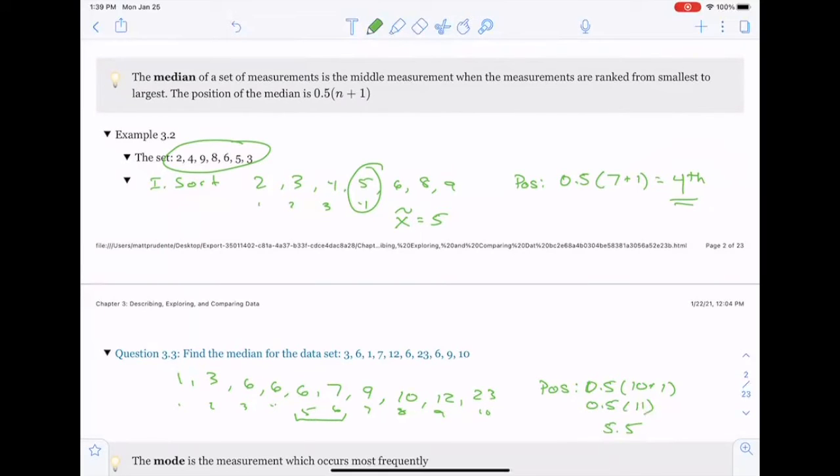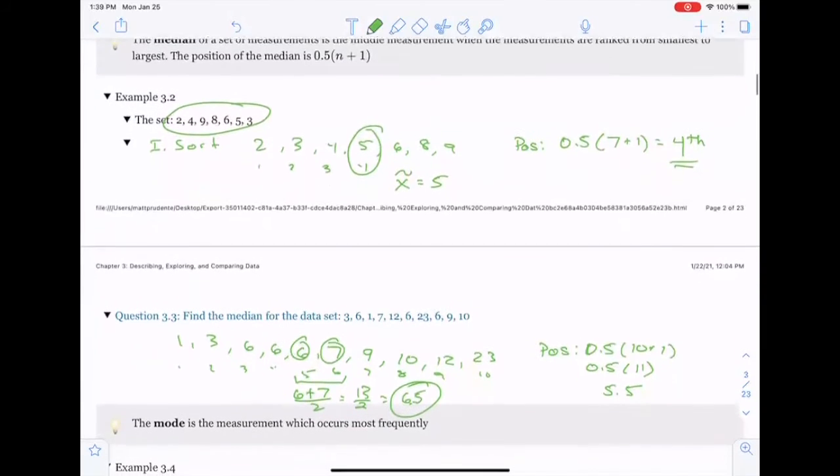And so our median is going to be the average of those two numbers. The data point in the 5th position is 6. The data point in the 6th position is 7. I get 13 over 2, which is 6.5. Our median is 6.5.